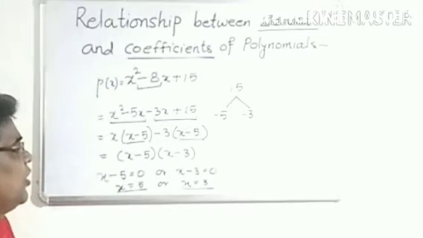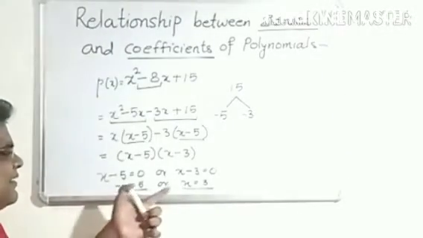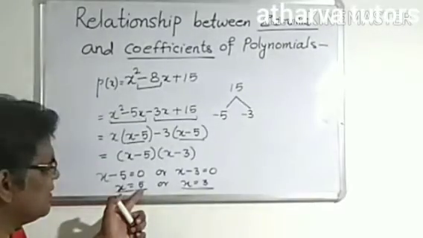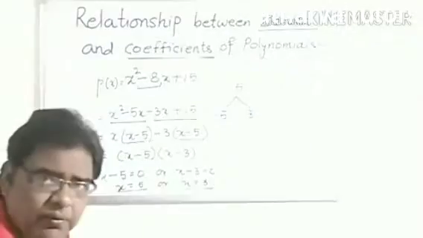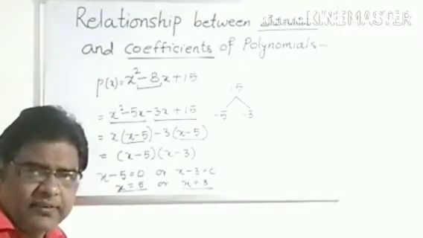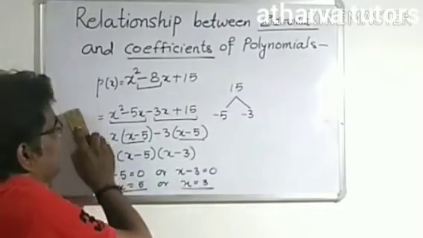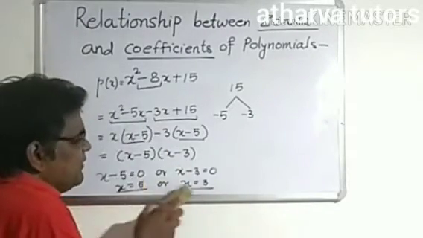Now let us name them. For our convenience, let us name one of the zeros as alpha and the other zero as beta.